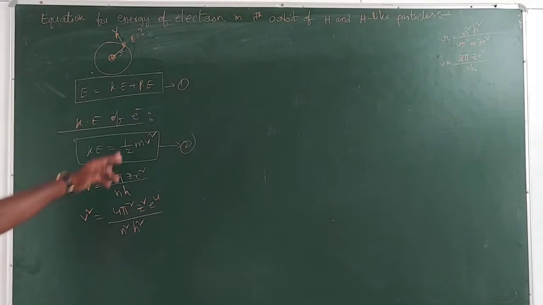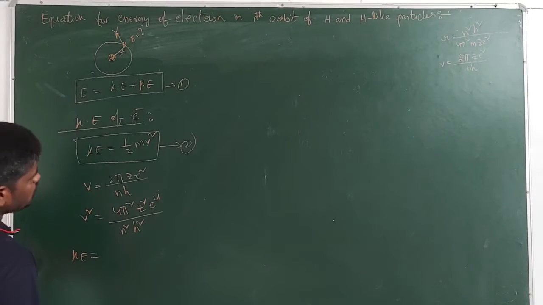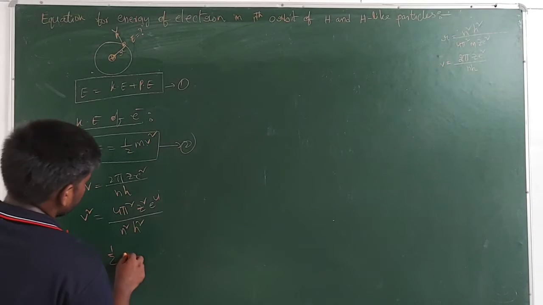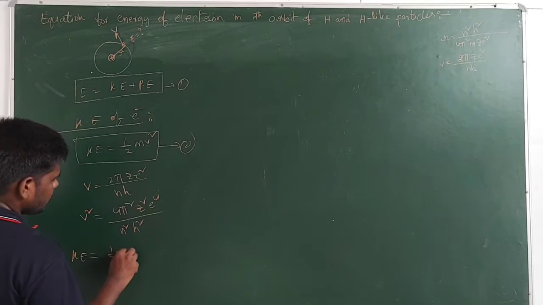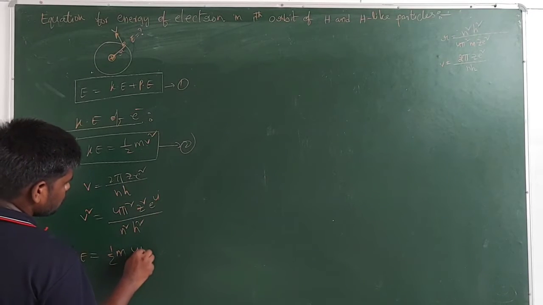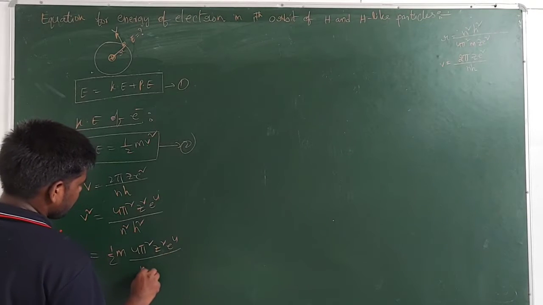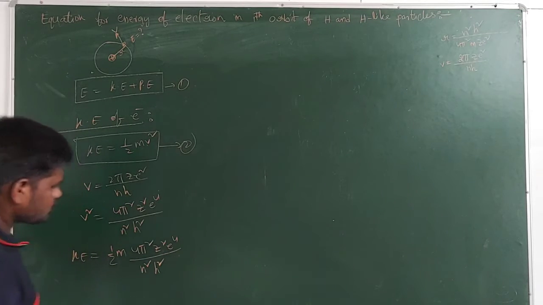So this value we have to substitute in this one. Therefore kinetic energy is equal to half into m, and instead of v square you need to write this value. So 4 pi square z square e power 4 by n square and h square.